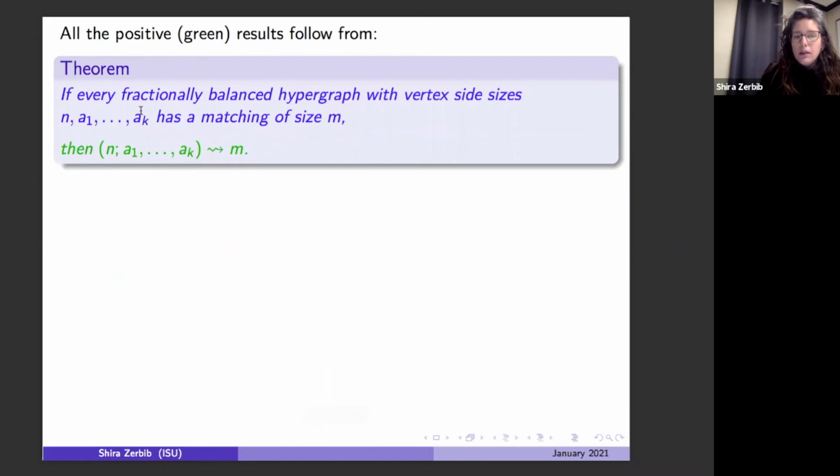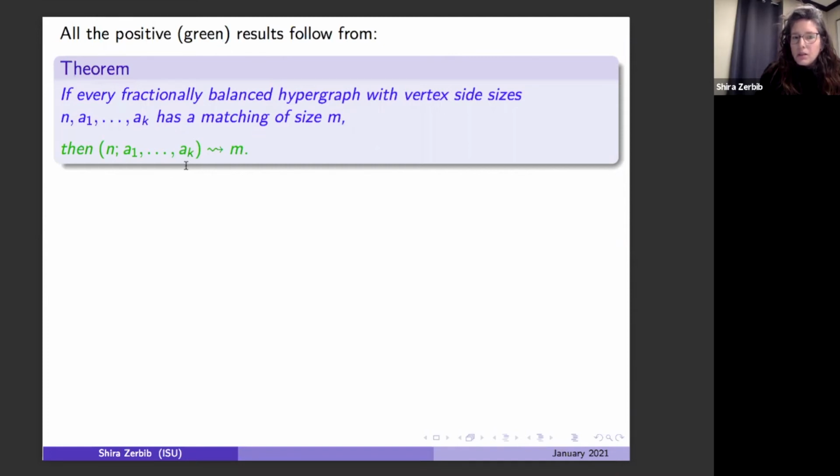So the theorem, and here is the motivation for discussing fractionally balanced hypergraphs, is that if every fractionally balanced hypergraph with vertex sizes n, a1 to ak has a matching of size m, then we can satisfy m players in the corresponding cake division question.